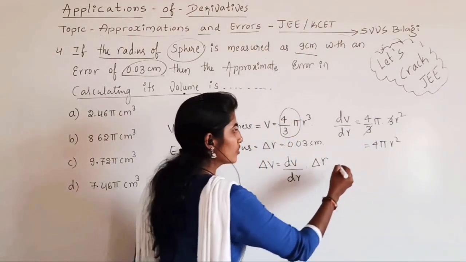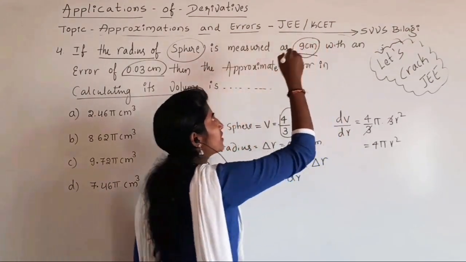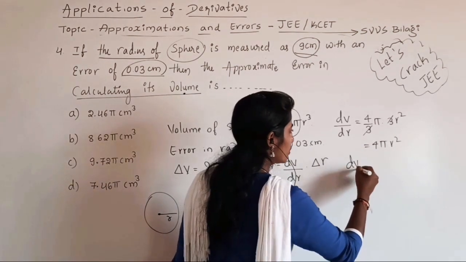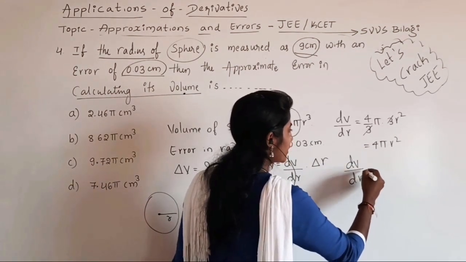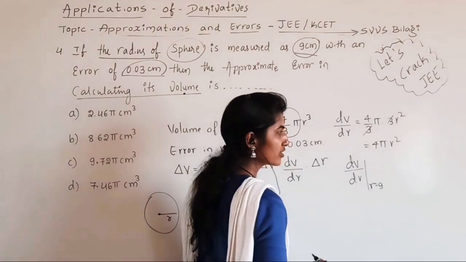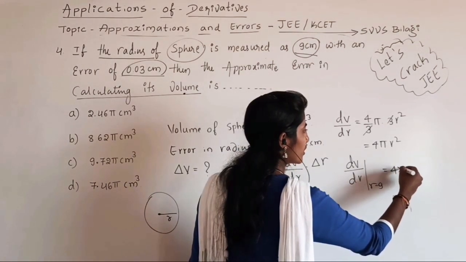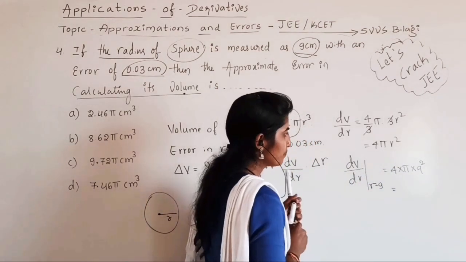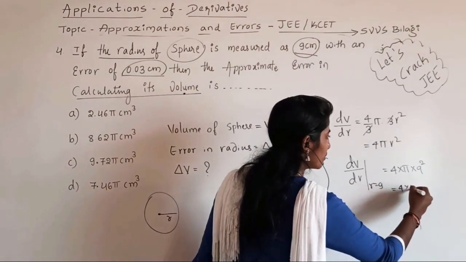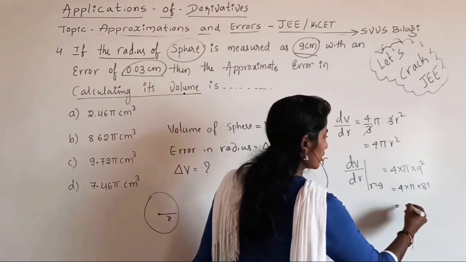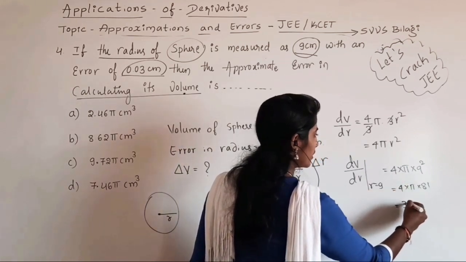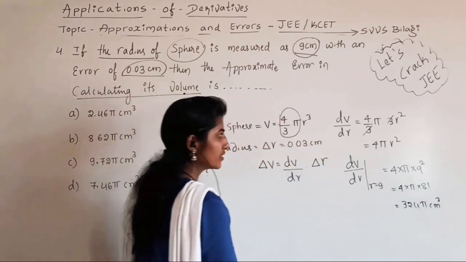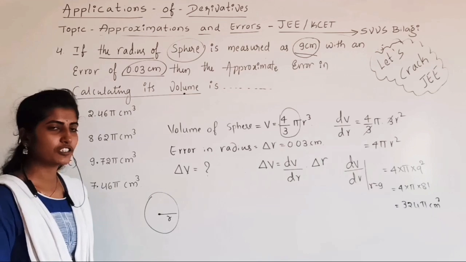Since they have given that the error is made when the radius r is equal to 9 cm, you need to insert the value in dv by dr when the radius r is 9 cm. That is equal to 4 into pi into 9 square, which is 4 into pi into 81. That is 324 pi cm cube.